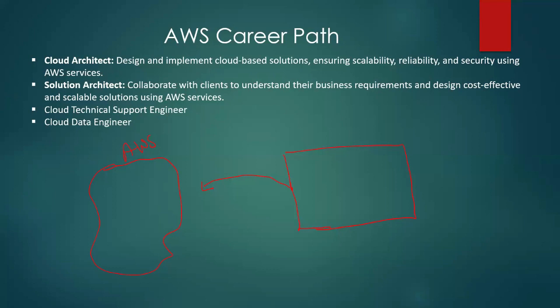You will be telling them which services should be used, which are the other different combinations possible in AWS, and which is cost effective. All this will be done as a solution architect.